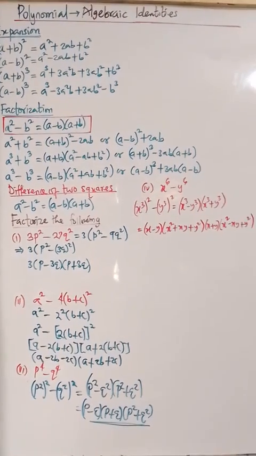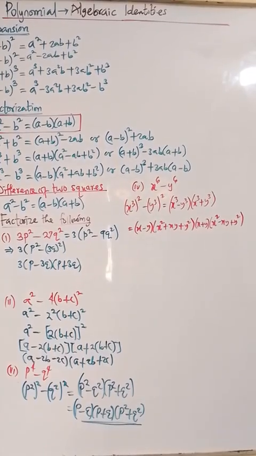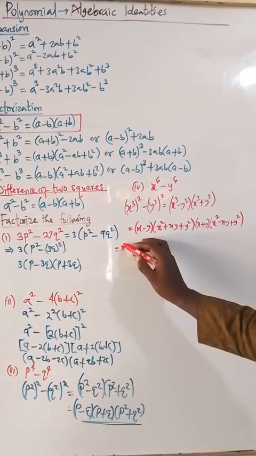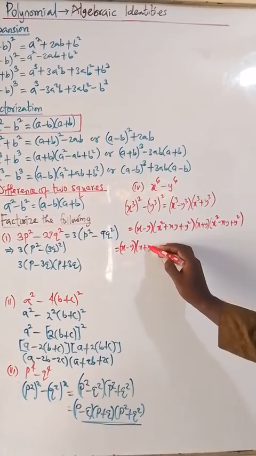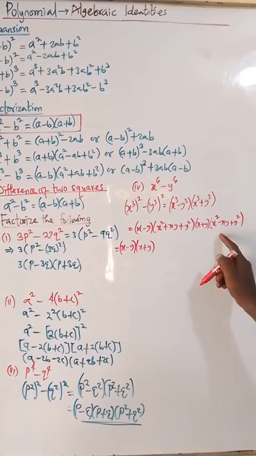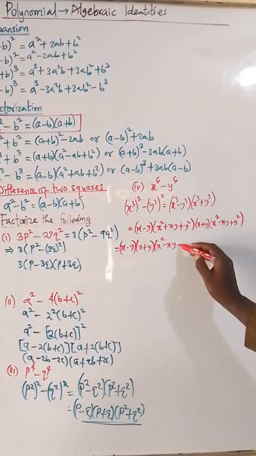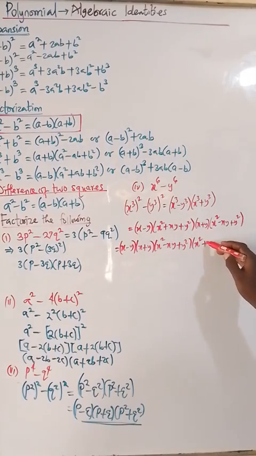So from here, we can write this further. That's x minus y, then x plus y, then x squared minus xy plus y squared, then x squared plus xy plus y squared.